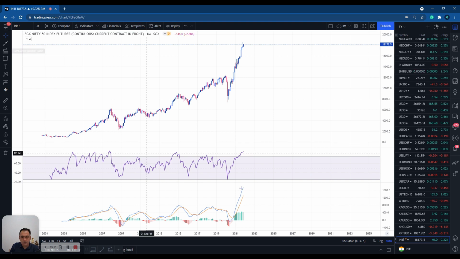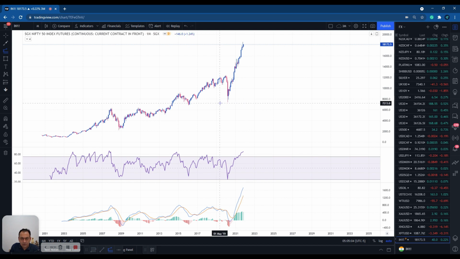Nothing. Everything is pointing higher. The MACD lines, the histogram, the price movement, everything is bullish on the monthly. No signs against.